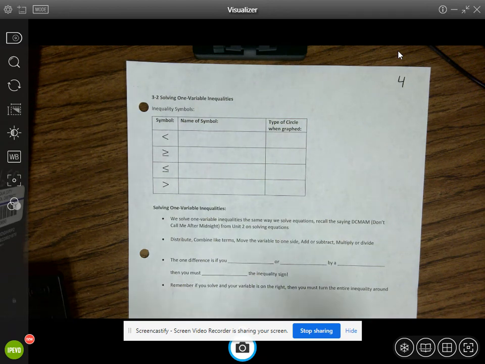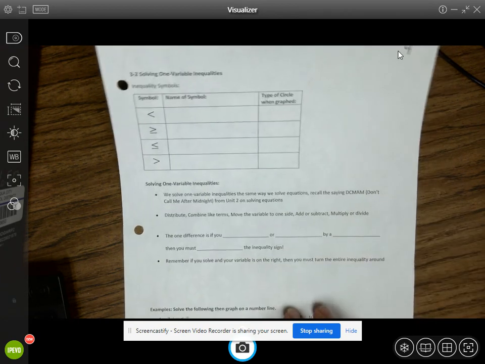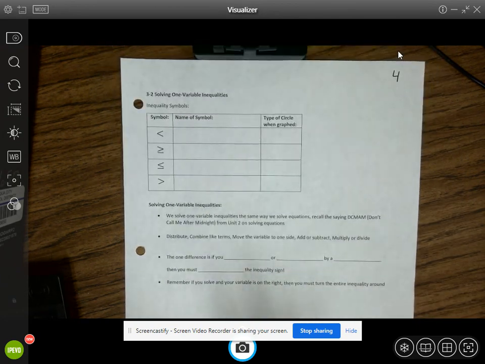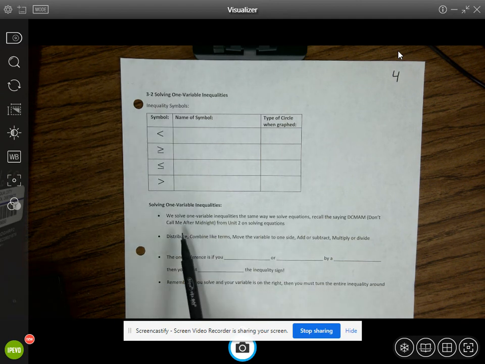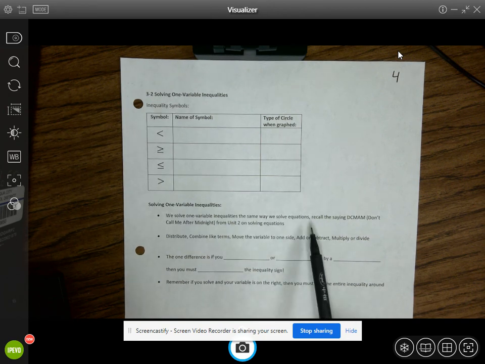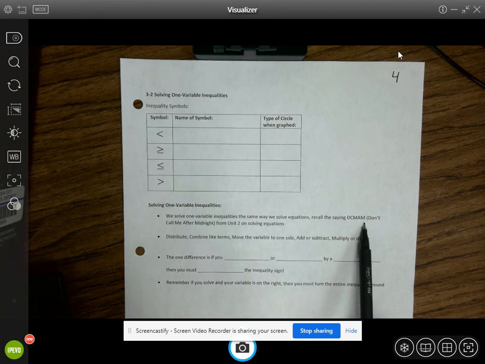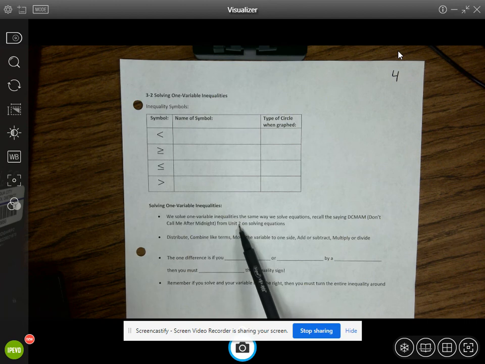All right, so now we're going to talk about how we solve one variable inequalities. Well, the good news is we solve one variable inequalities the same way we solve equations. Recall our saying, don't call me after midnight, that we learned in Unit 2 for solving equations.